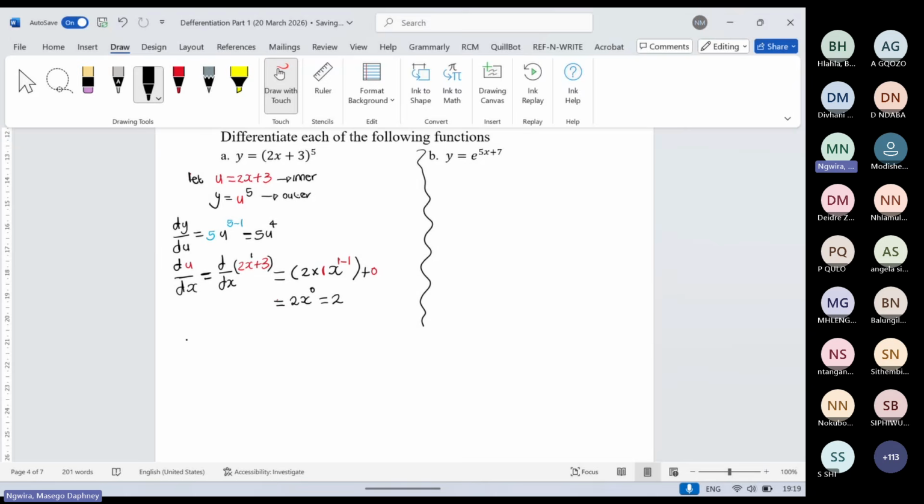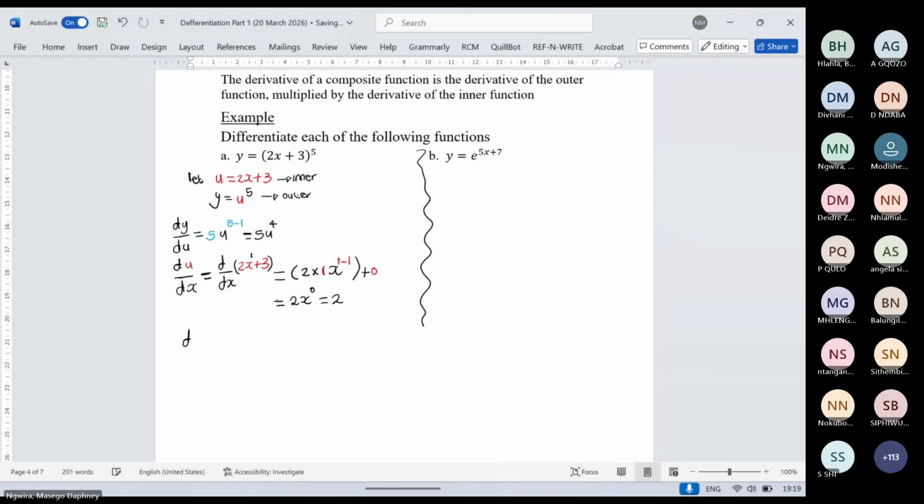The rule says that the derivative of y with respect to x is equal to the derivative of y with respect to u, times the outer times the inner, or inner times outer. That's what it says here.